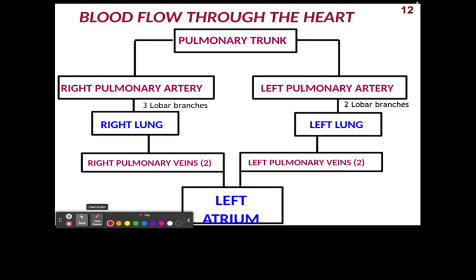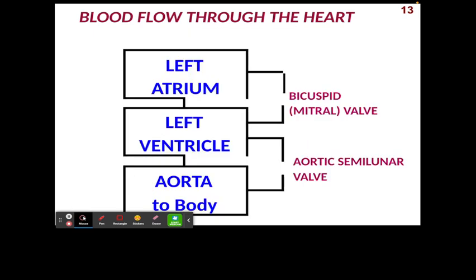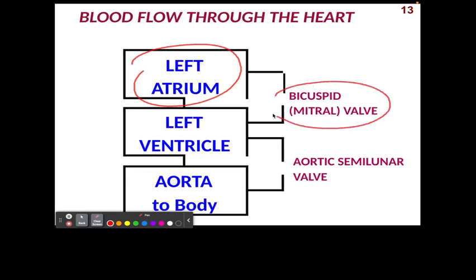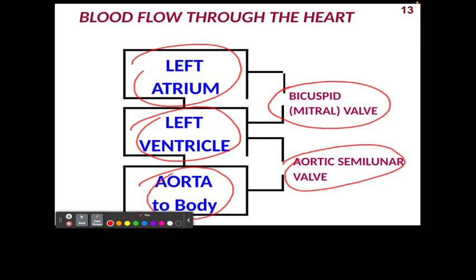From the left atrium, we go to the left ventricle, but first we got to pass through the bicuspid valve. Once we go through the bicuspid valve, get to the left ventricle. From the left ventricle, we go through the aortic semilunar valve. And then we are in the aorta where we go to the rest of the body. And then it just restarts.